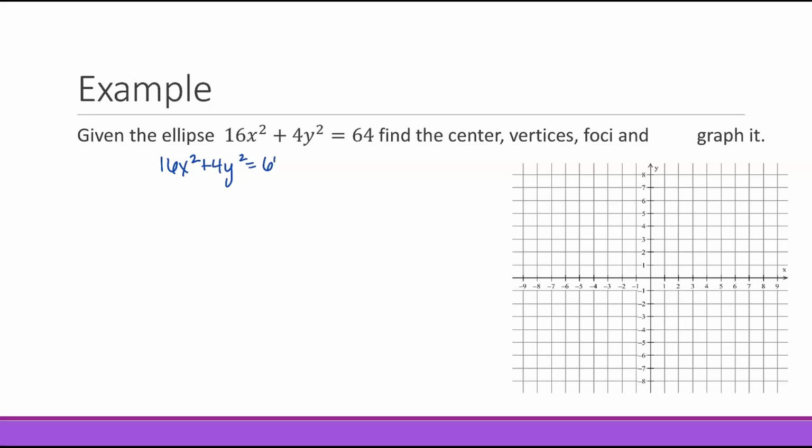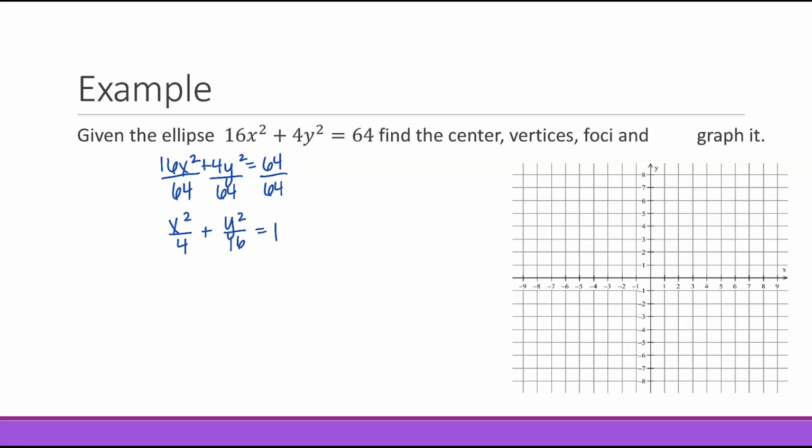So we have 16x squared plus 4y squared is equal to 64. We want it to equal 1, so we're going to divide both sides by 64. And then we're going to go ahead and simplify here. So 16 goes into 64 4 times, so we have x squared over 4.